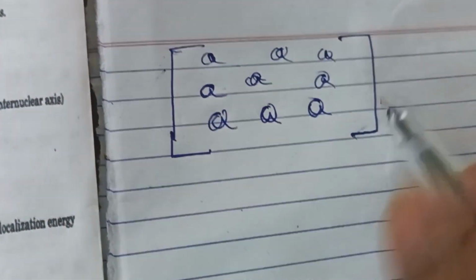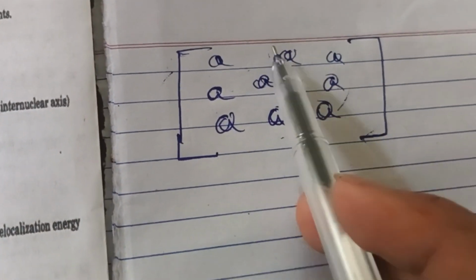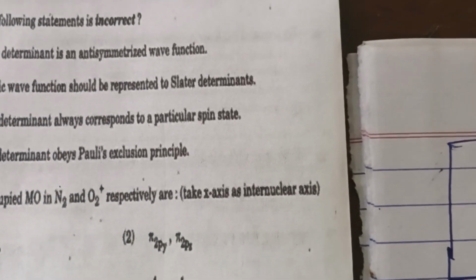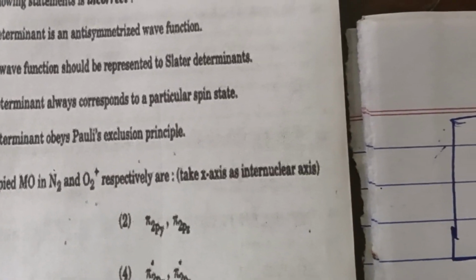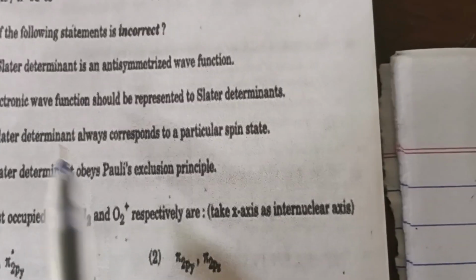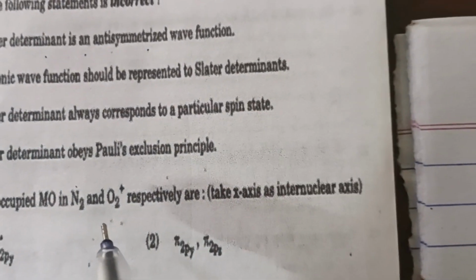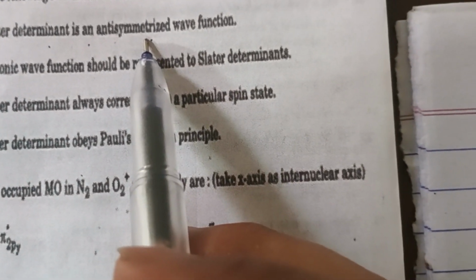Like this, the determinant form is produced, and that is called a Slater determinant. These are some of its properties. The first statement says the Slater determinant is an anti-symmetrized wave function. Yes, it is an anti-symmetric fermionic wave function. This is correct.